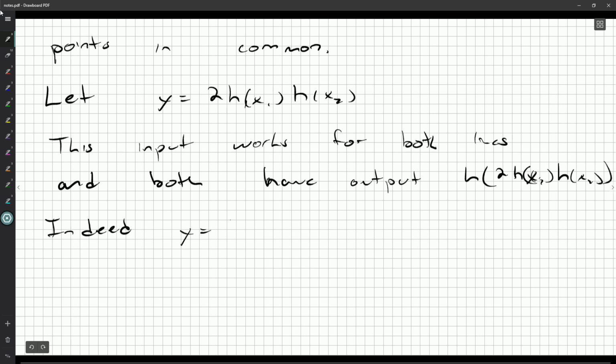Indeed, y equal to anything that looks like this. I was just going to use 3 in front here, but we can make the observation it works for any input like this. So indeed, y equal to this is an input for both lines.